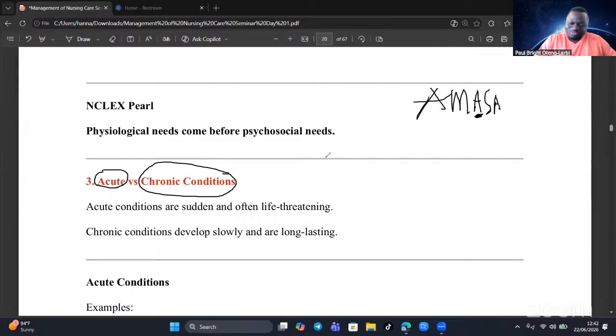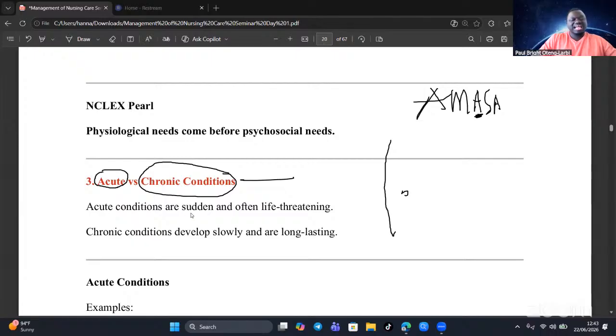Two patients are lying on the ward. One's condition suddenly changed, or a new onset of so and so. This is what we call acute. There's a framework. They can give you questions with different patients under this bundle and tell you to prioritize, because you are a nurse manager.